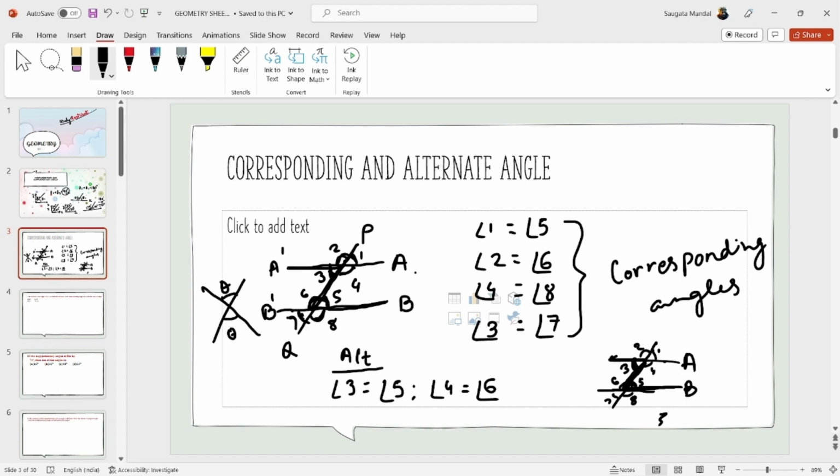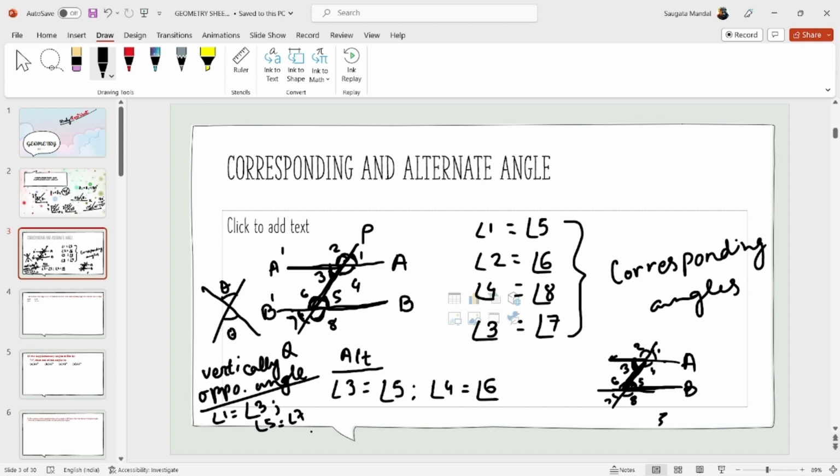For the case of vertically opposite angles, theta 1 is equal to theta 3 and theta 5 is equal to theta 7.